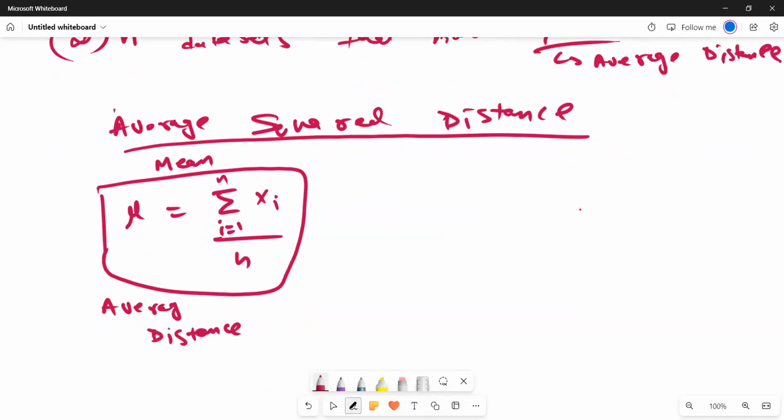In a similar way, we have something called variance. Variance is represented as the summation of i equals 1 to n of xi squared divided by n.